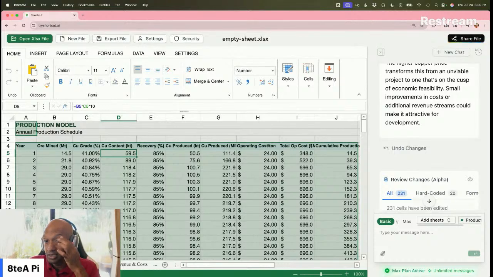So it decided to take 14.5 million tons, and then it decided, how did it get to 59.5? It decided to multiply by 41%, 0.41.